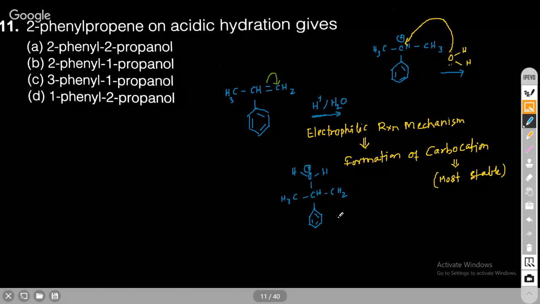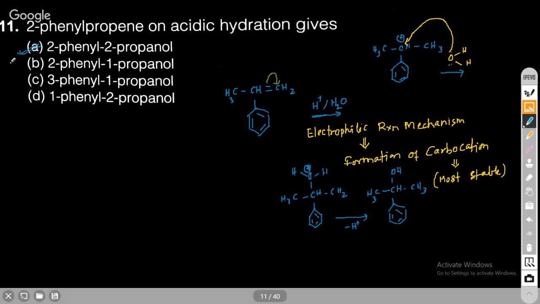And finally from this, since this oxygen has positive charge, least stable, H plus comes out and we'll get the product as 2-phenyl 2-propanol. It's correct. So all of you are saying A only.